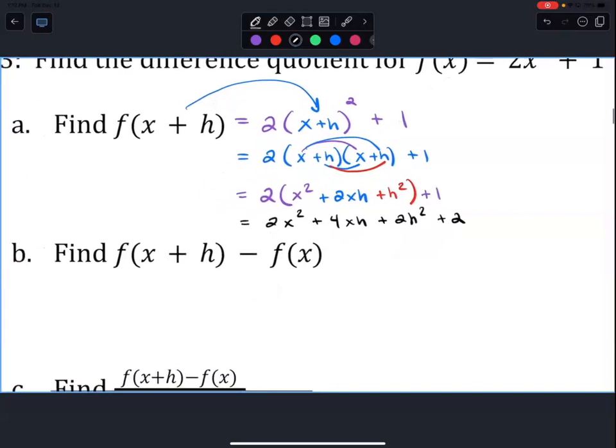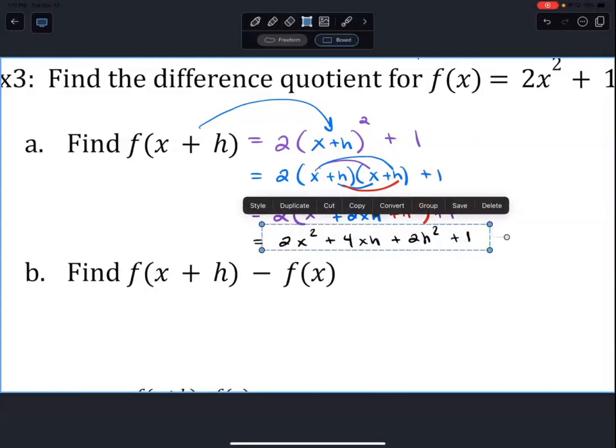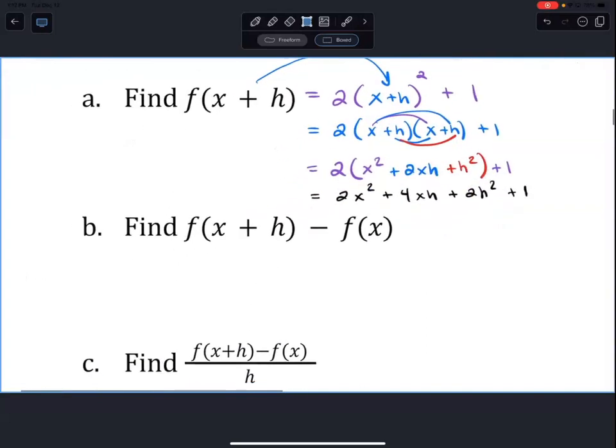I'm going to take that function, and I'm going to subtract my original function. Why is it plus 2 and not plus 1? Plus 1, sorry. Okay, plus 1, thank you. So I'm going to take this, that's the f of x plus h part, and I'm going to subtract f of x.